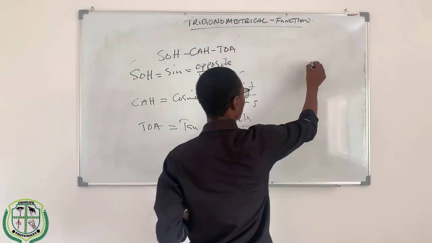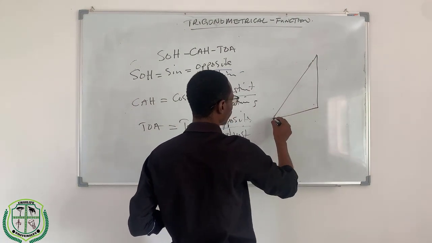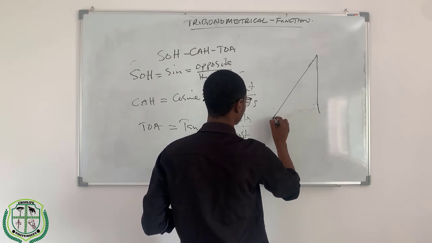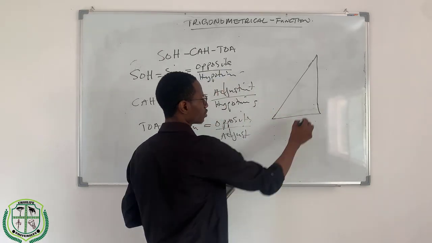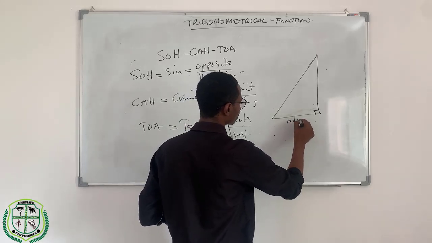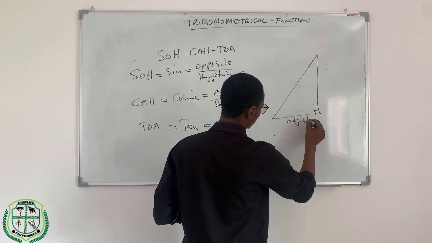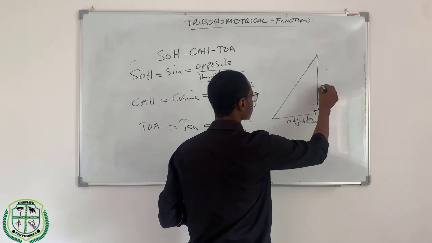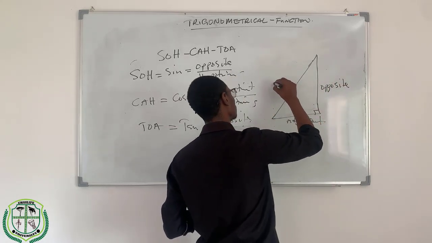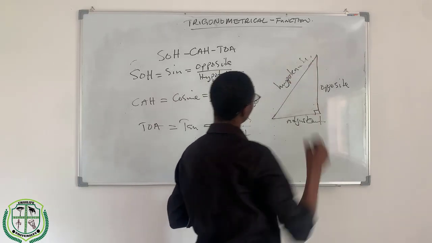Now, if you've got a right angle triangle like this, of course here you're going to say this is the adjacent, this is the opposite, and this is the hypotenuse.